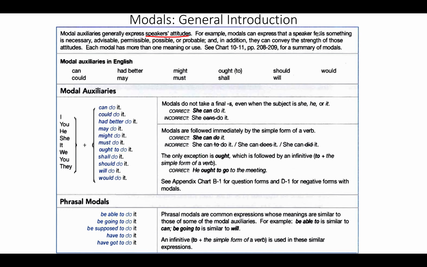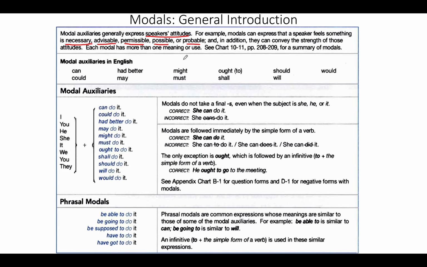And the speaker feels that something is necessary, advisable, permissible, possible, probable, etc. These are kinds of speakers' attitudes. They are also referred to as modalities. That's why we have the word modals.